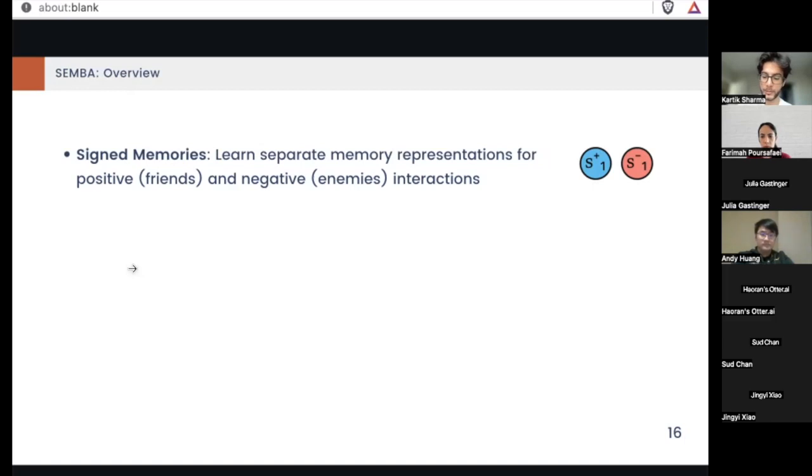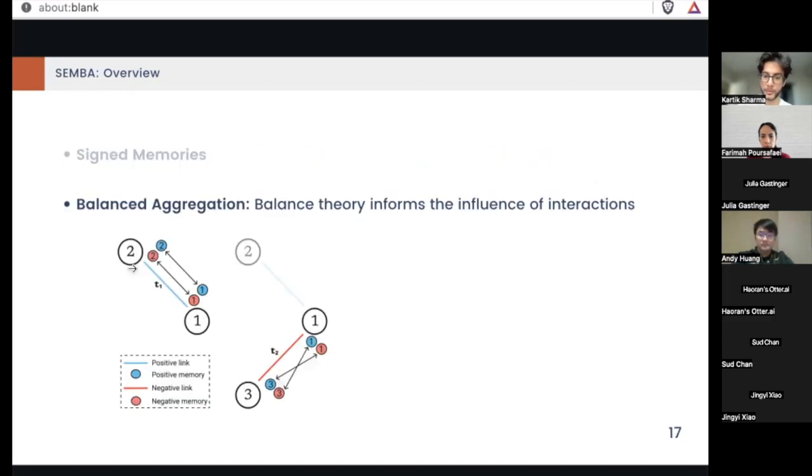But we still want to inform it with higher order information. How we can inform that based on balance theory is the key question here. This is done using what we call balanced aggregation. For example, nodes 2 and 1 interact at time T1.